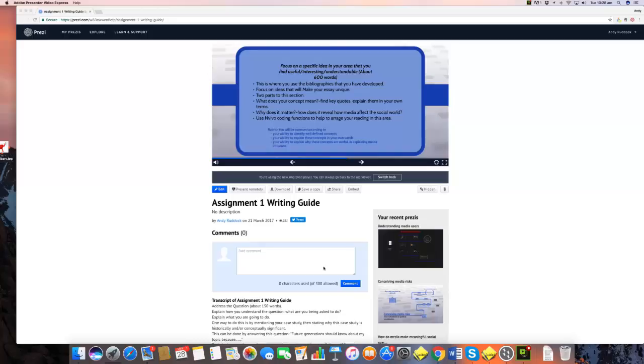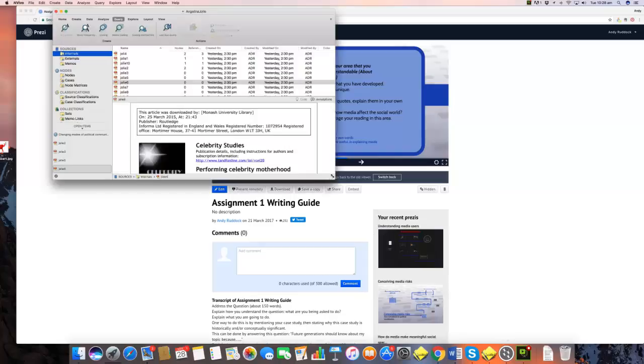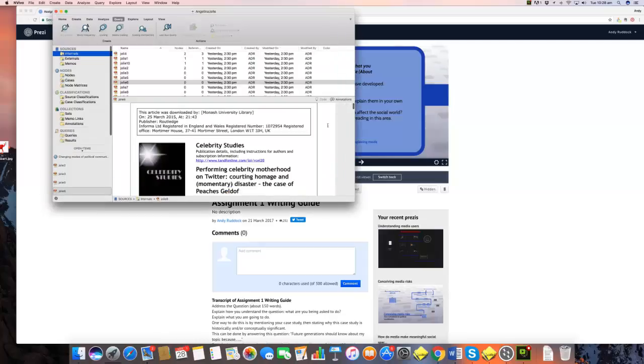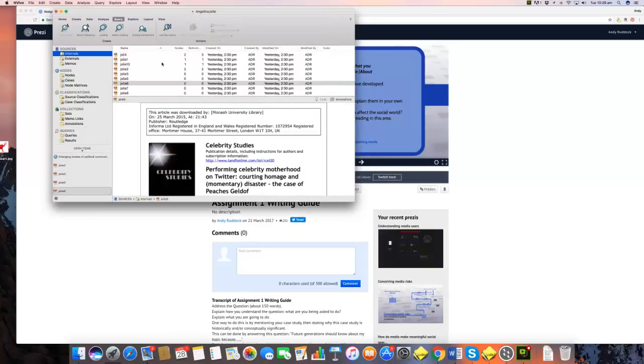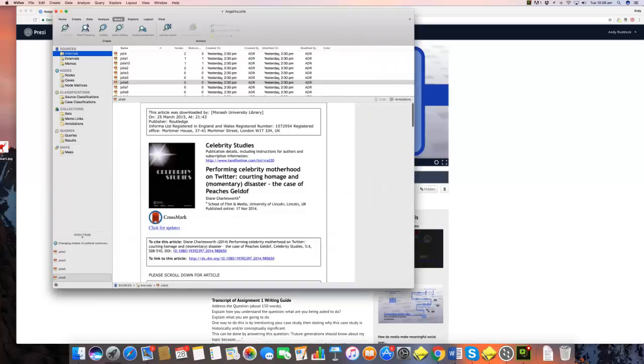And let me show you how you can do this again through NVivo. So if we look at a project that I've opened here, you'll recall that one of the things that we discover if we start reading around celebrity, and I would direct your attention to this journal here, Celebrity Studies, which is available through electronic journals.